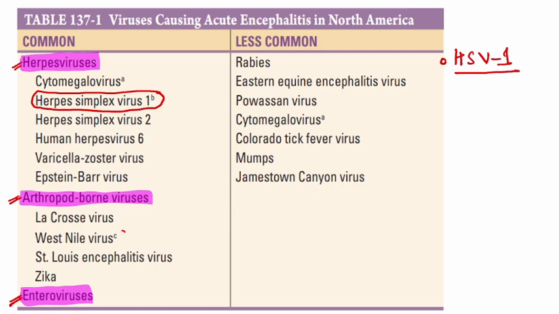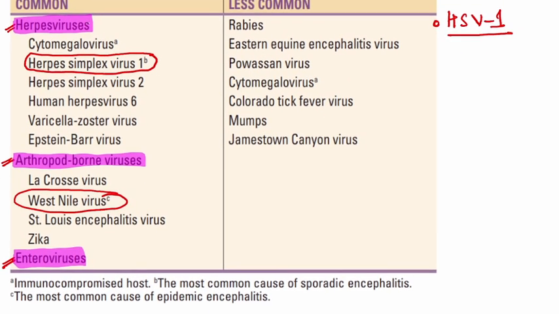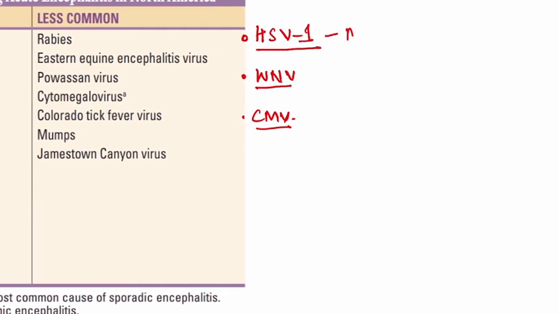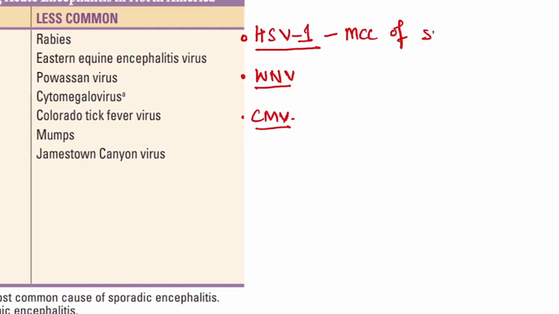Then there is West Nile virus. West Nile virus is a cause of epidemic encephalitis. And third is the cytomegalovirus. It is seen in immunocompromised individuals. HSV1 is the most common cause of sporadic encephalitis.